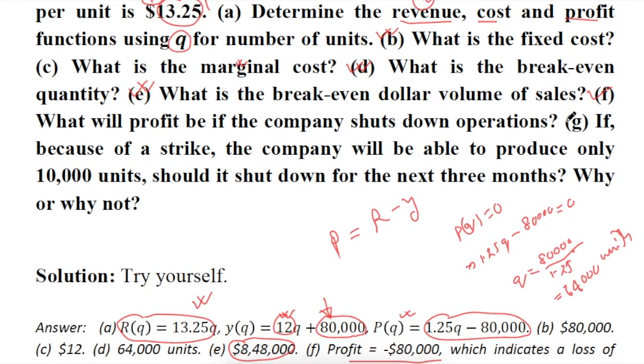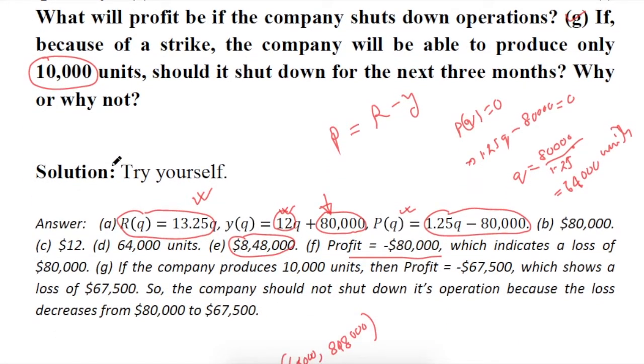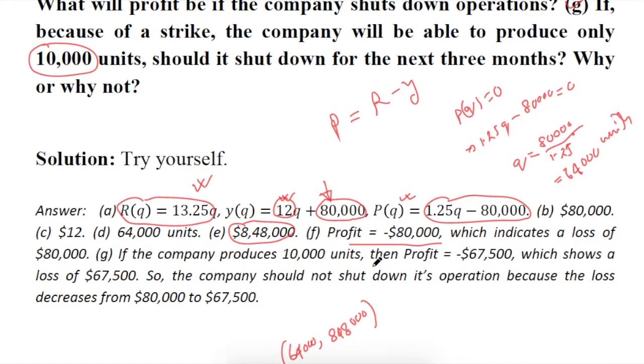And if because of a strike the company will be able to produce only 10,000 units, should it shut down for the next 3 months? Why or why not? Of course not, because the company can produce these units despite the strike, so it will minimize the total loss without operation. And we already found that the total loss without operation is $80,000.